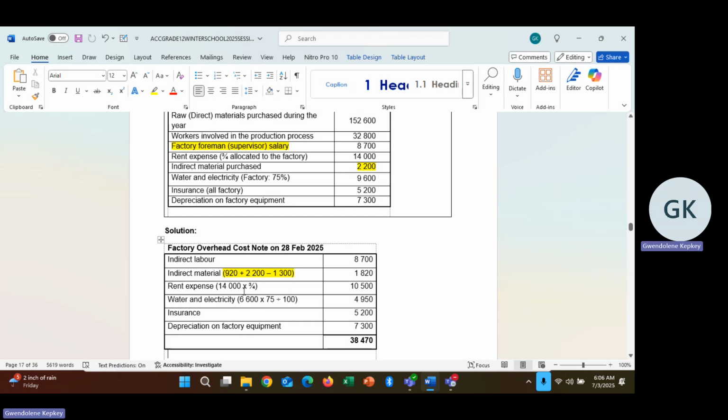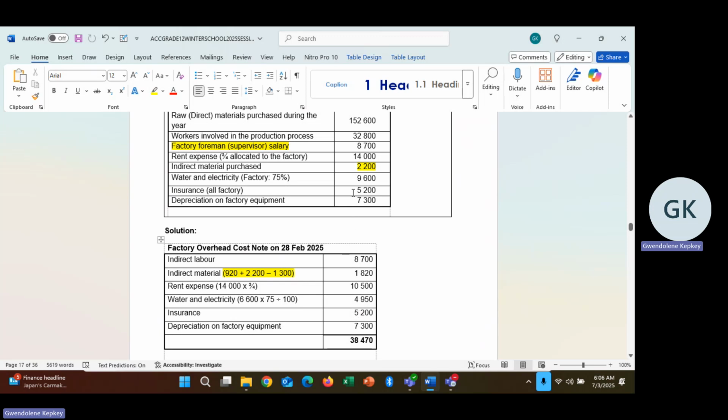So what we now do is we take 75% and we calculate it, and we get an amount of 4,950. Okay? Then let's move. My insurance is 5,200. I take the 5,200 directly and I put the amount in here.